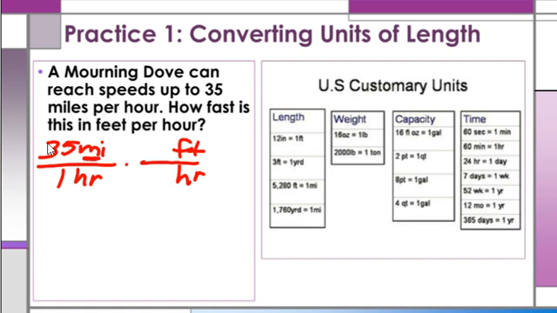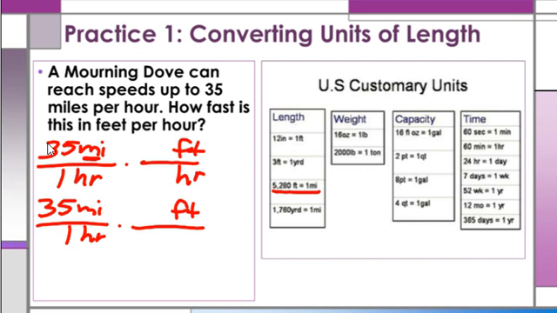In order to do that, I need to use the unit ratio of 5,280 feet is the same as 1 mile. So if I rewrite 35 miles per, which means division, 1 hour, I need to multiply it by a unit ratio. And I need to have feet on top, and in order to get rid of this mile, I need to have miles on the bottom.